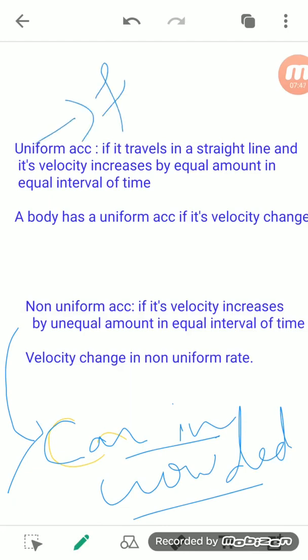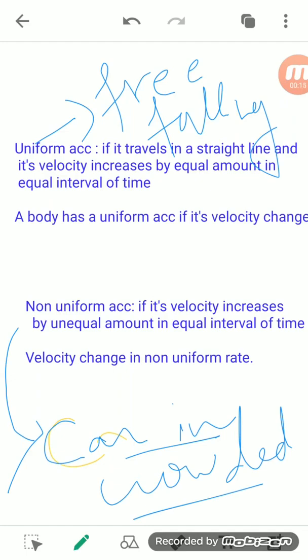Uniform acceleration: a free falling body is an example of uniform acceleration. So we had discussed the positive acceleration, which gives a positive result because of the final speed. If the final speed is more than the initial, it means the body is accelerating, or the velocity is continuously increasing.